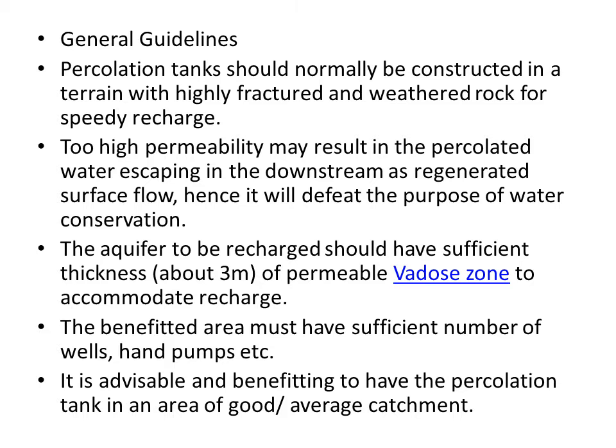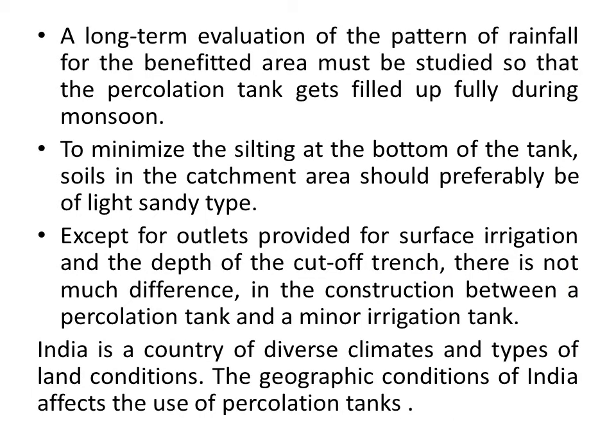It is advisable to have the percolation tank in an area of good average catchment. A long-term evaluation of the rainfall pattern for the benefited area must be studied so that the percolation tank gets filled up fully during the monsoon.